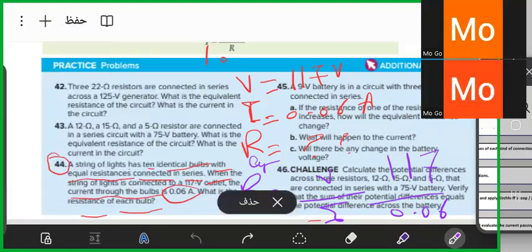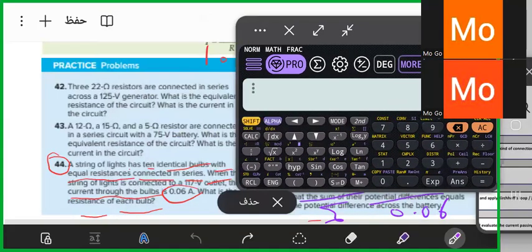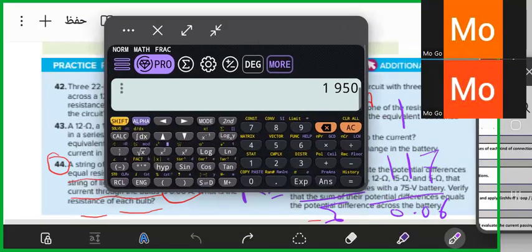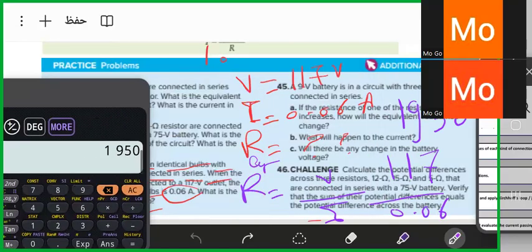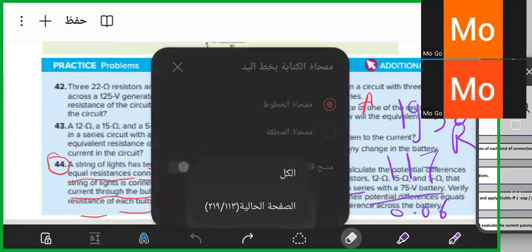So the resistance was big. 117 over 0.06 is 1950. It was R equivalent.